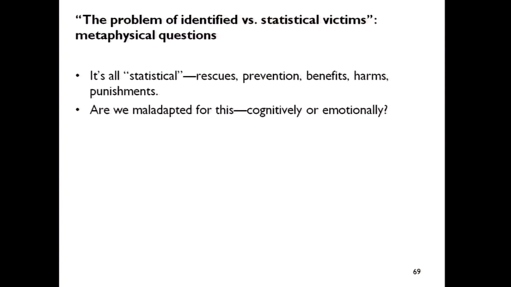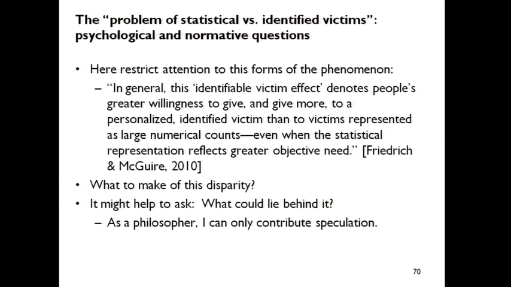Are we in some way maladapted, cognitively or emotionally, for a world in which essentially we have this sort of statistical relation to each other and to nature? And I'm just going to restrict myself in this talk to this particular version of the phenomenon of the identifiable victim effect: people's greater willingness to give, and give more, to a personalized, identified victim than to victims represented as large numerical counts, even when statistical representation reflects greater objective need.